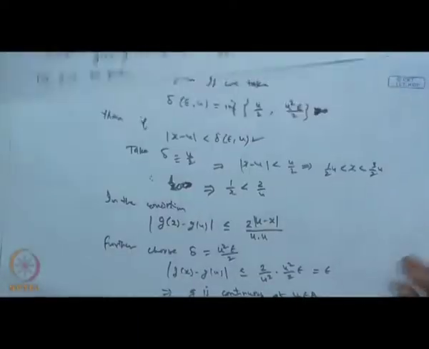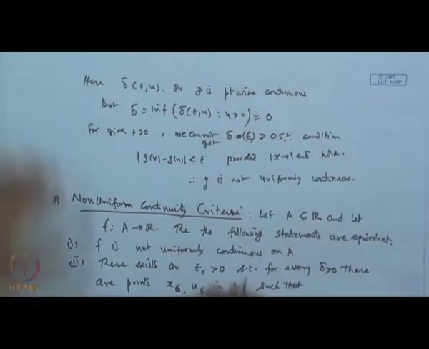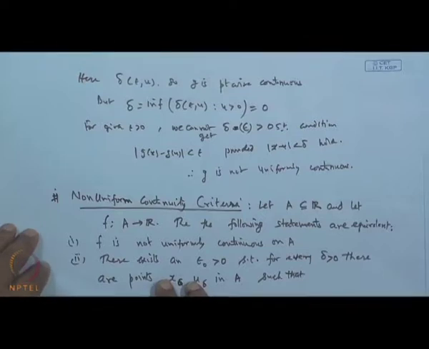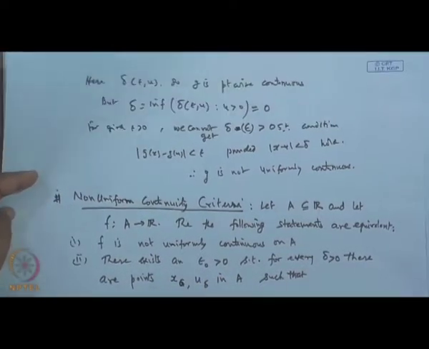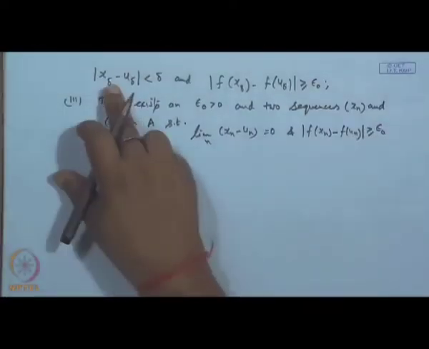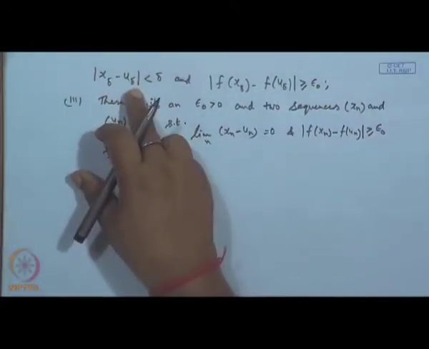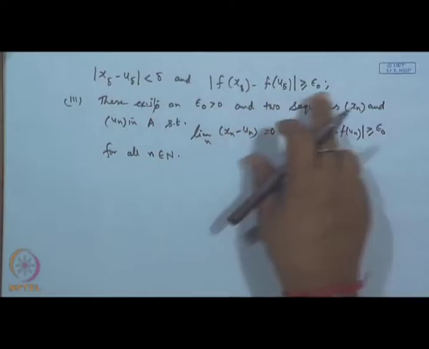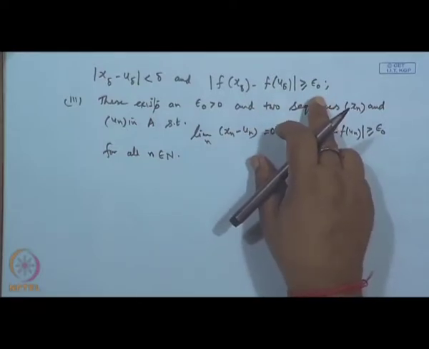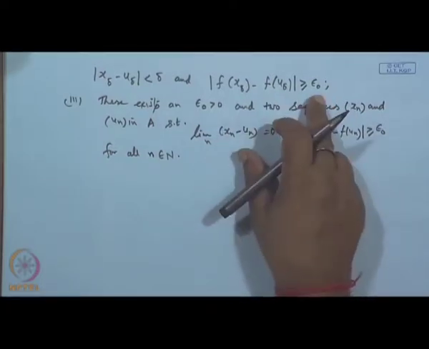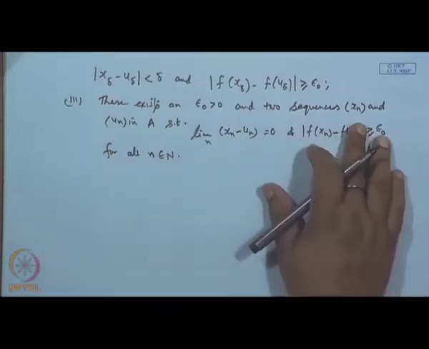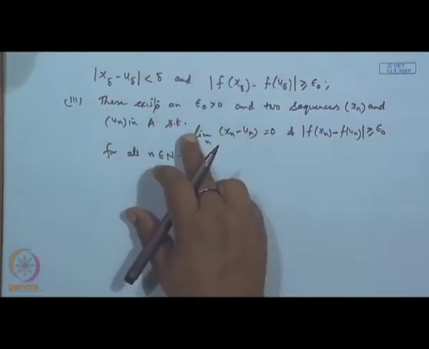So, what it says is that if f is not uniformly continuous, then there exists an epsilon naught such that whenever the points x and u are in the delta neighborhood, the corresponding images exceed that bound epsilon naught. This is the Cauchy definition, and the other is Heine's definition.